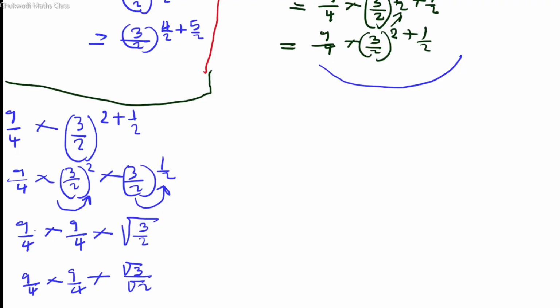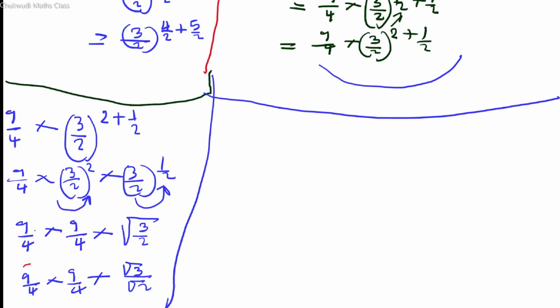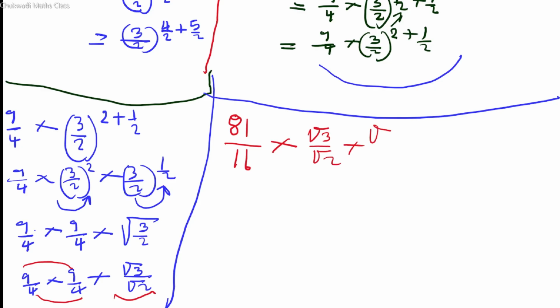So from this place, let's use 9 to multiply 9 here. Then 9 times 9 will give you 81, over 4 times 4, which is 16, multiplied by this place, where we are going to rationalize to remove the surd. To do that, we have square root of 3 over square root of 2, multiplied by root 2 over root 2.